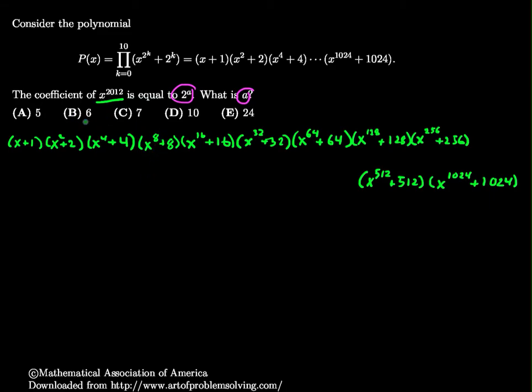There's no other way to add up single units of these. So I can't multiply my way in any other way to x to the 8th than using this. So what this means is the only way to get to x to the 2012 is to use the powers of x that multiply to 2012, and that will only happen one way.